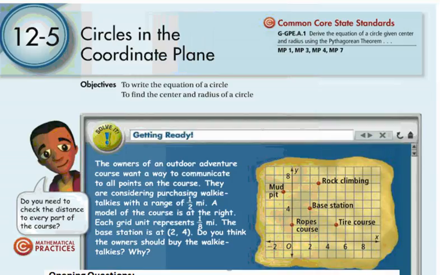Section 12.5 is all about circles in the coordinate plane. We've been dealing with circles all chapter, and we're going to look at them in the coordinate plane. We've had formulas to write equations for lines, like y equals mx plus b.